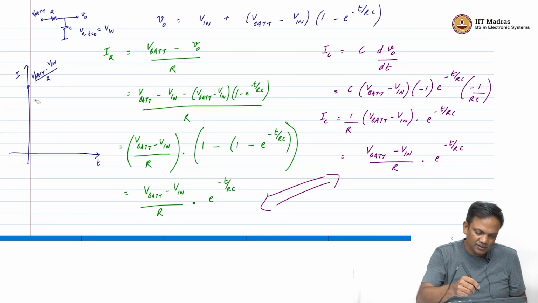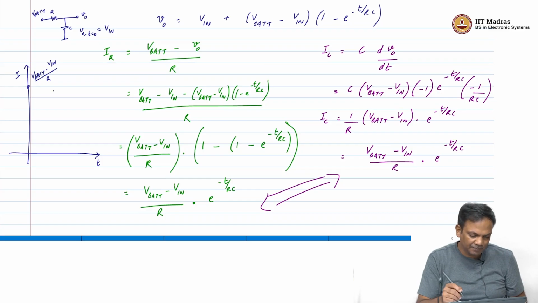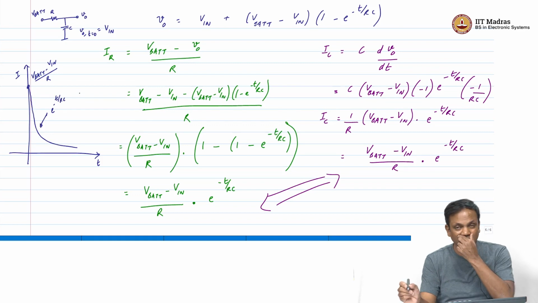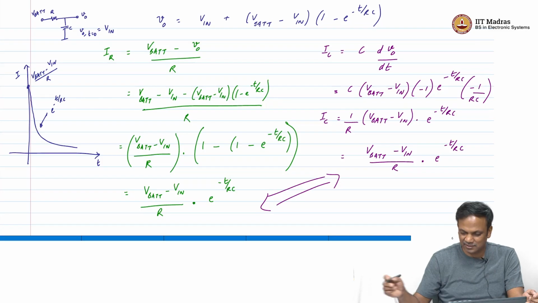At t equal to 0, it is going to read (V bat minus V in) by R, and then this current is going to exponentially decay. This exponential decay will be of the form e power minus t by RC, where the time constant is RC, right.